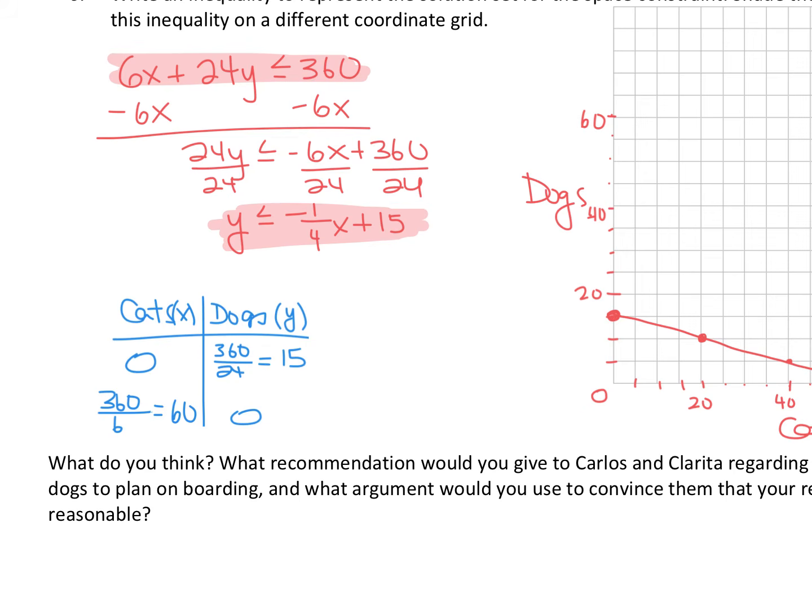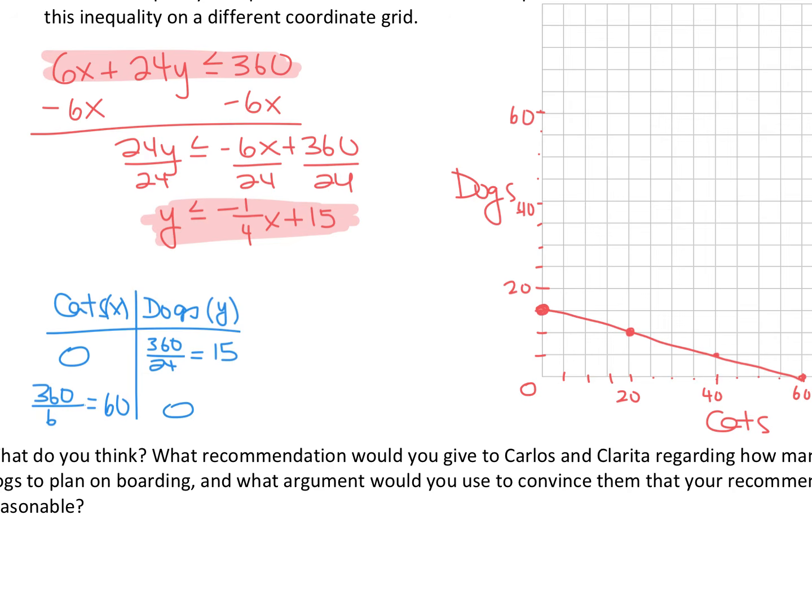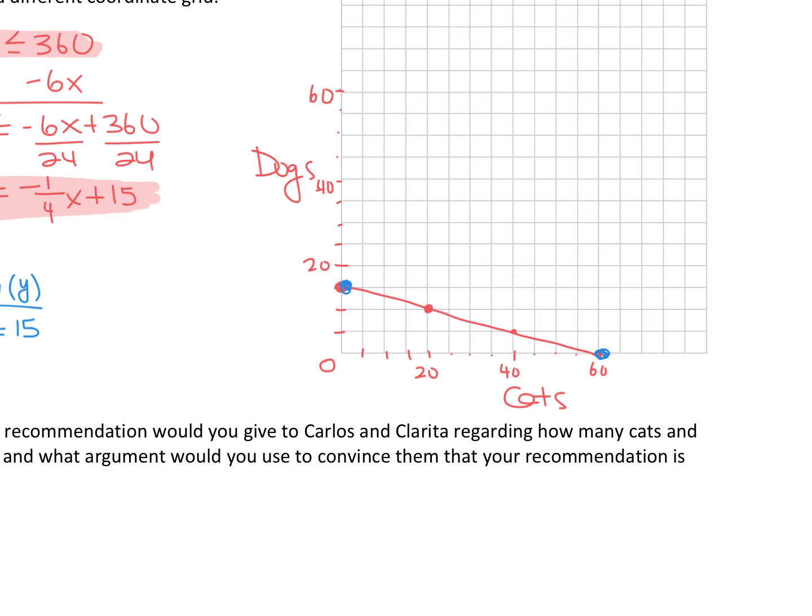So rather than solving 6x plus 24y is less than or equal to 360, if I just found the extremes, setting x to be 0 and solving for y, 15 dogs, and then setting y to be 0 and solving for x, 60 cats, I could just graph it using these 2 points. So 0, 15 is right here, and 60, 0 is right here. So I get the same line right there.